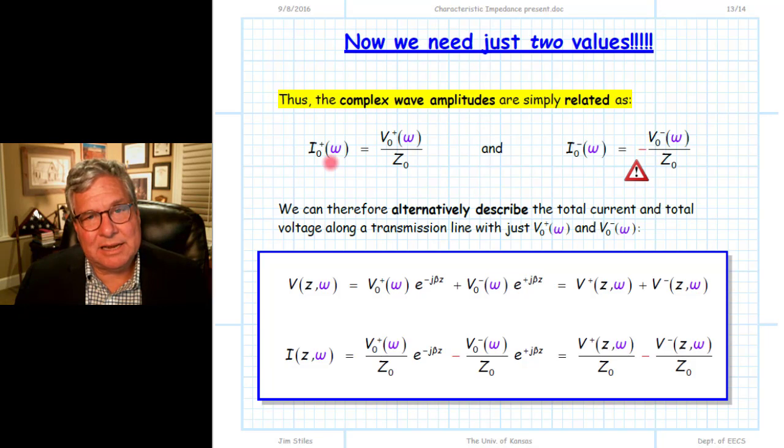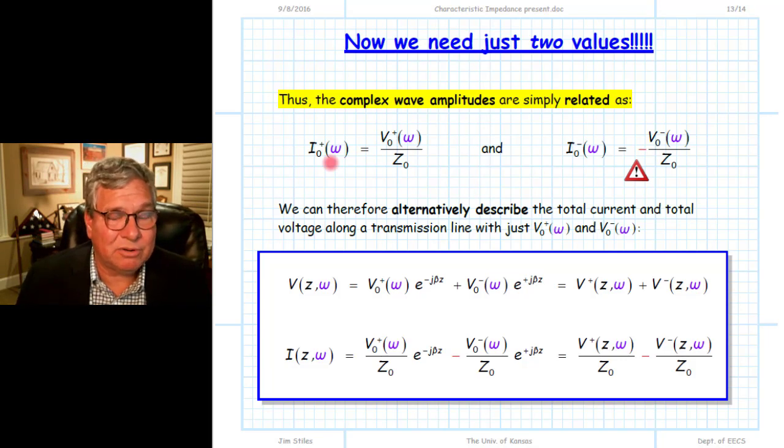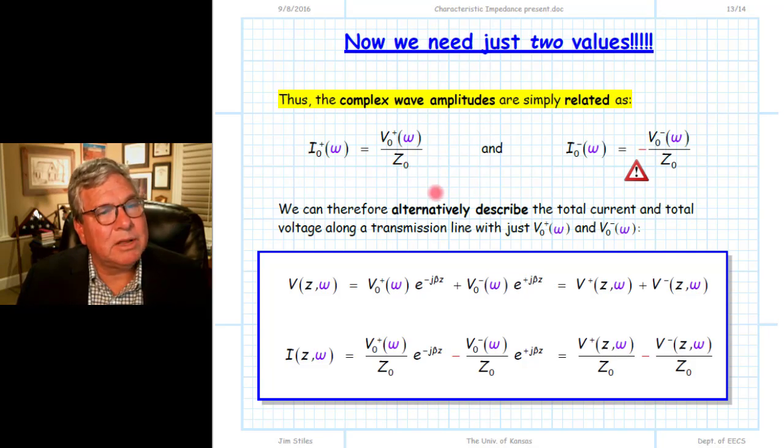I0 plus is the plus wave current evaluated at z equal to 0. It's one point in the line. And likewise V0 plus is the voltage at z equal to 0. If the ratio of the plus voltage to the plus current is Z0 at every point in the line, then certainly it is at the specific location where z is equal to 0. And so we can say V0 plus divided by I0 plus is equal to Z0, or we can rearrange it in this form here where we say I0 plus is V0 plus divided by Z0.